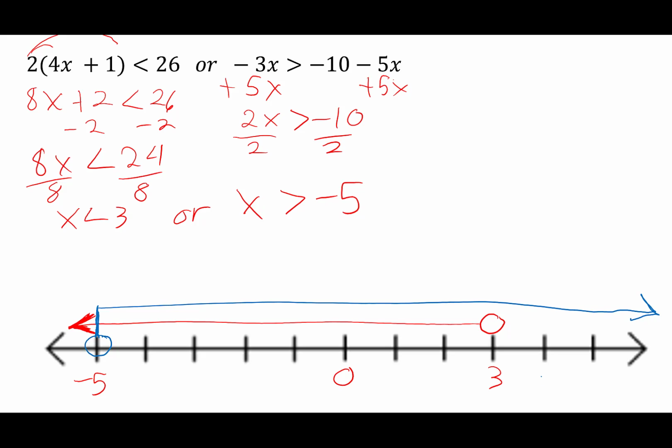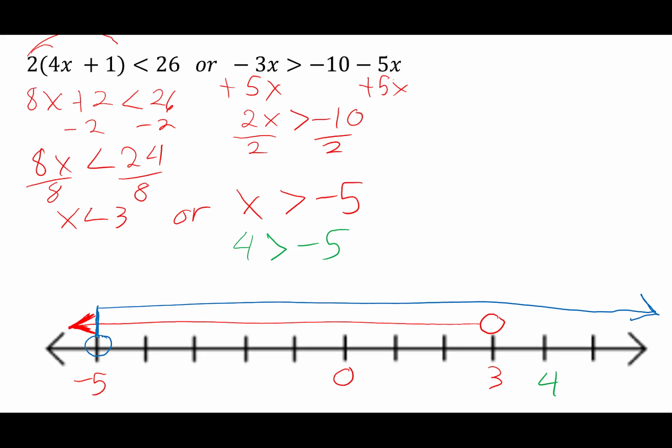So if I picked 4, okay, let's say I picked 4. Well, 4 is not less than 3, is it? But 4 is greater than a negative 5. So that's true.